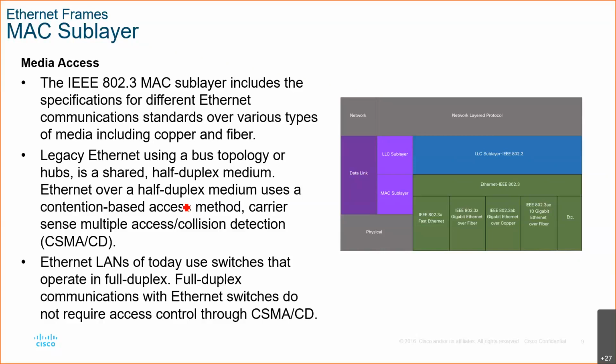So in today's world, most of the switches that we use are full duplex communication, okay? So our Ethernet standard that we have, okay, over fiber or copper, is mostly full duplex communication.